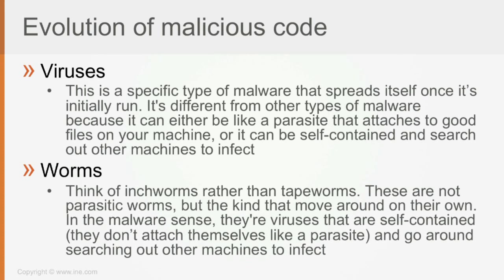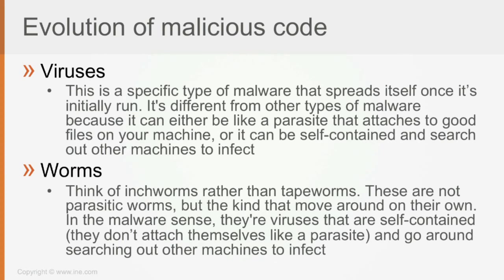Next, after viruses came up and we implemented security measures like antivirus systems, the viruses evolved into what are called worms. The main difference between viruses and worms is that worms move around on their own.